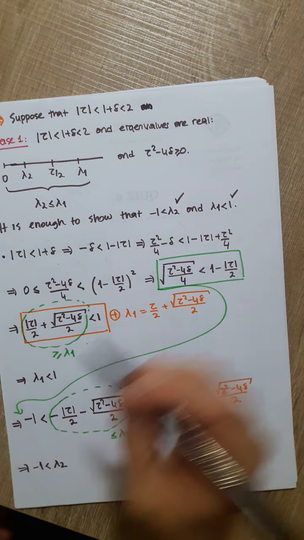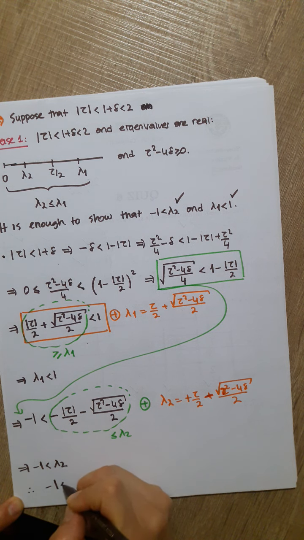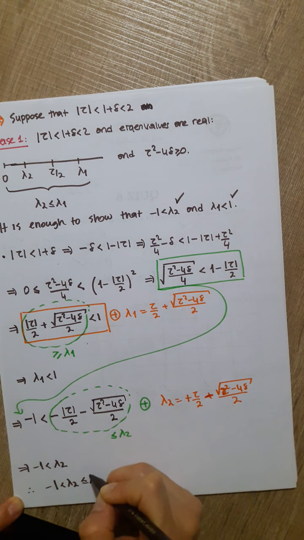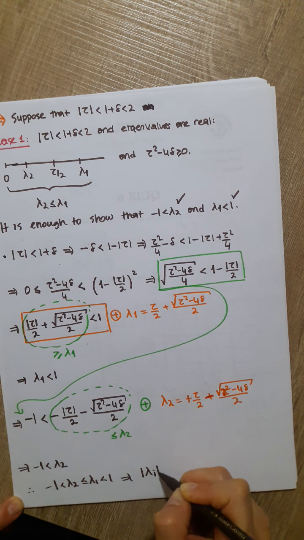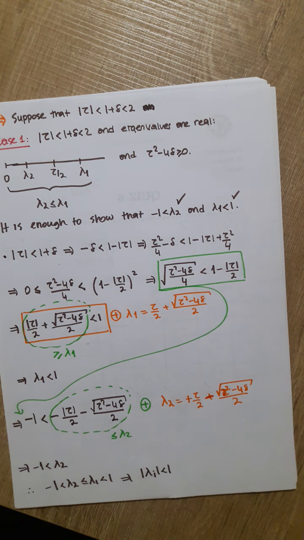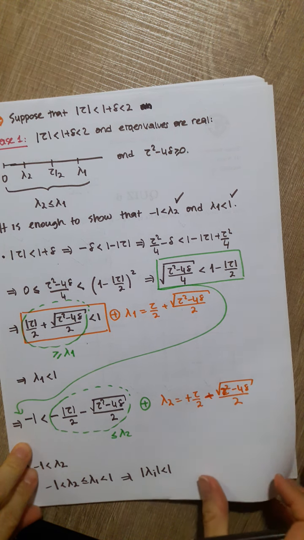So this is also done, which means minus 1 is less than lambda 2 is less than or equal to lambda 1, it is less than 1. So the absolute value of lambda i is less than 1. So this part is also done. But this is not enough because we may have complex eigenvalues also.